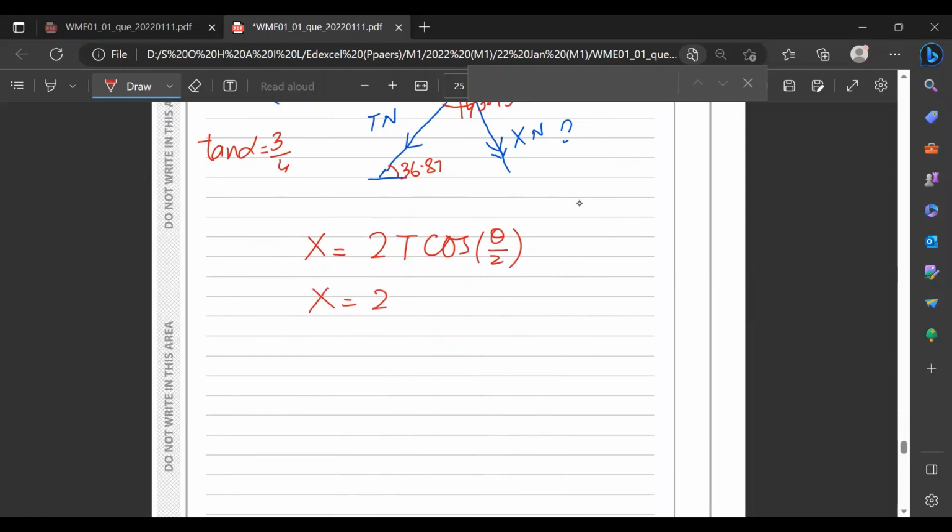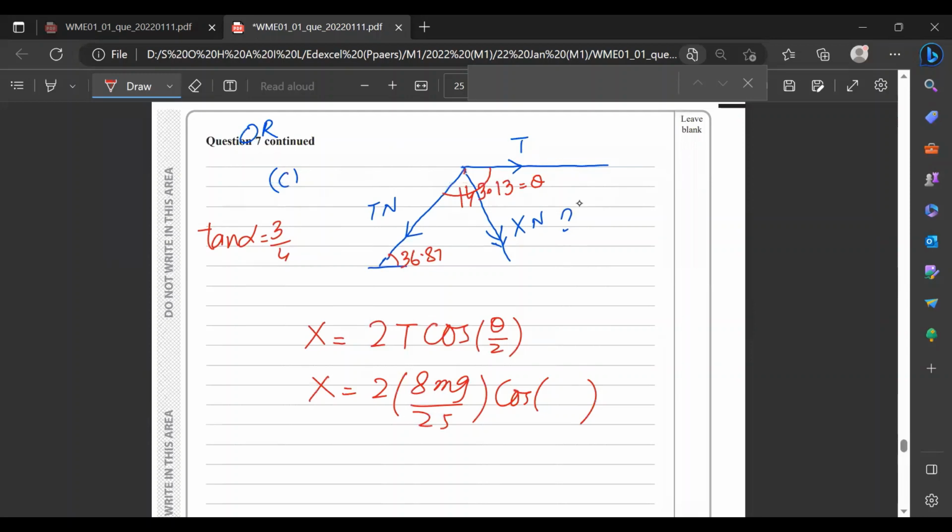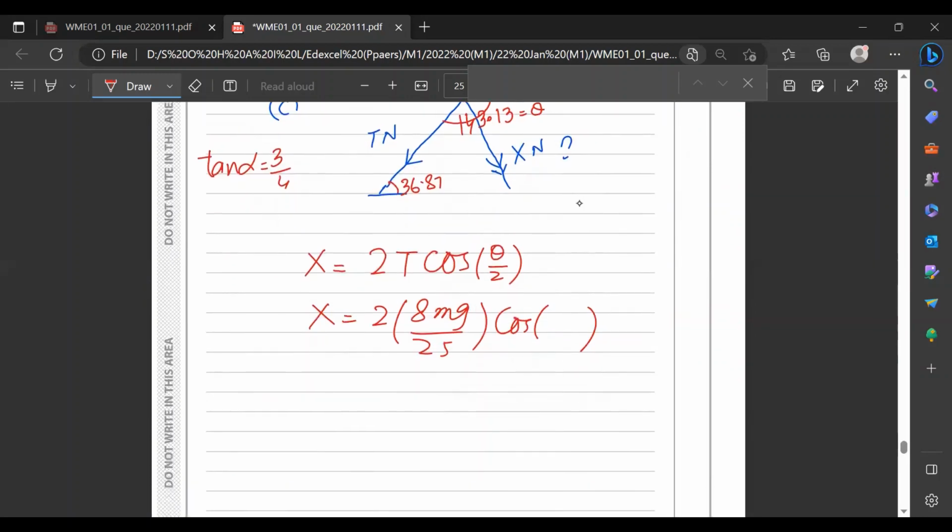We need to know the angle between the two forces T and T. So 8 mg over 25, the value of T, times cos of theta over 2, which means 143.13 divided by 2, half of the angle, which is 71.565.